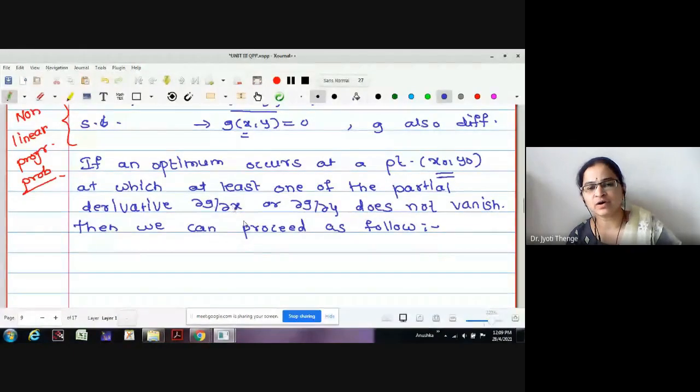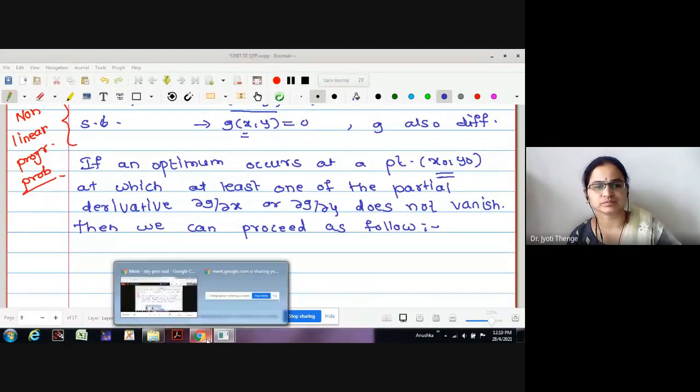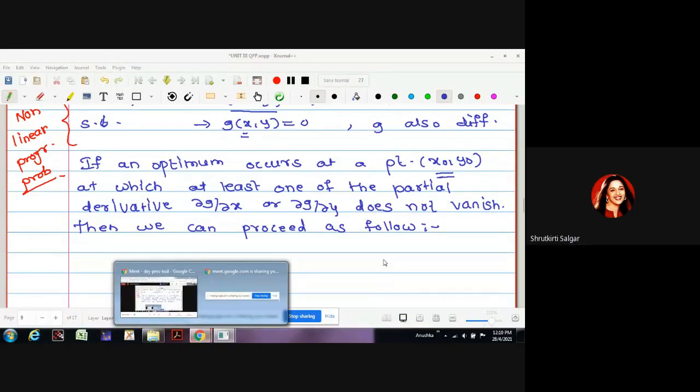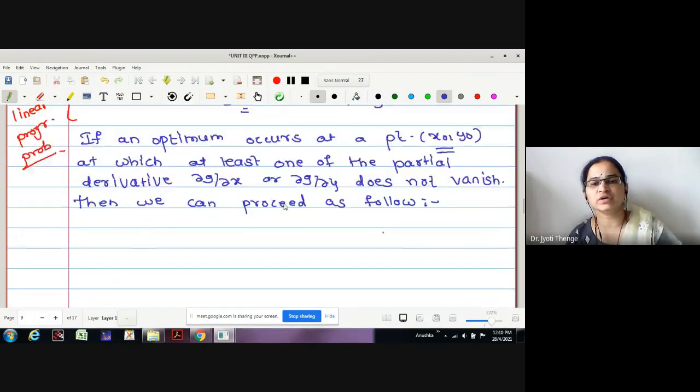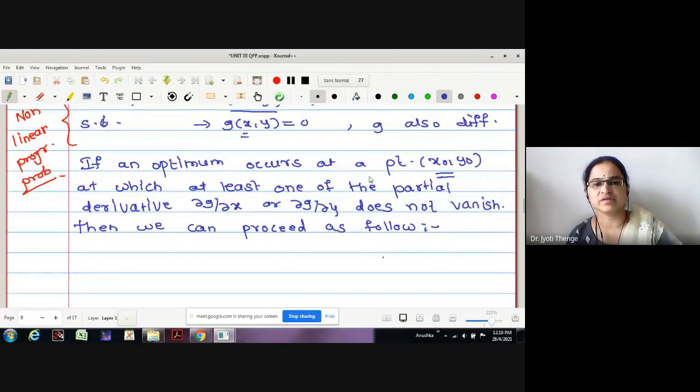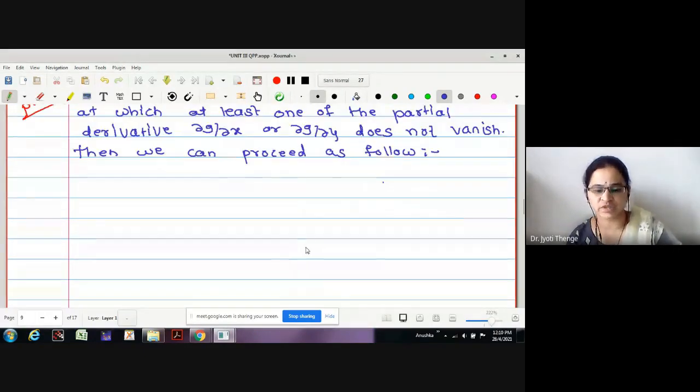Dou g by dou x is 0 means there is no x variable, and dou g by dou y is 0 means there is no y variable. As such, the function equated to 0 is a zero function. So we assume that at least one of the partial derivatives at this point x naught, y naught does not vanish, and then we can proceed as follows.